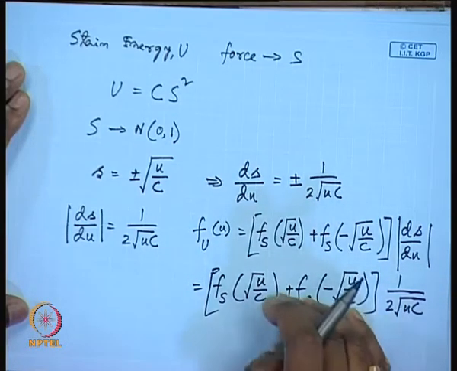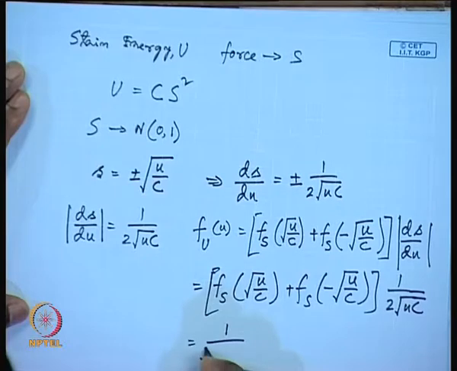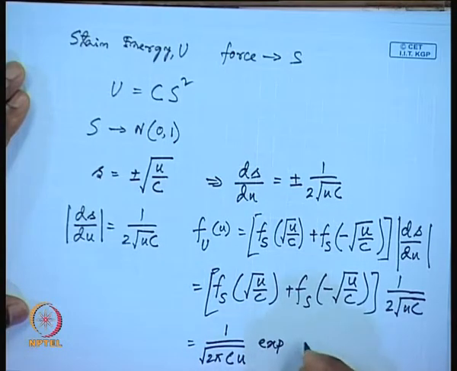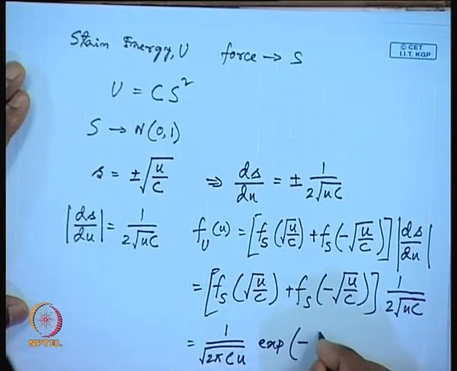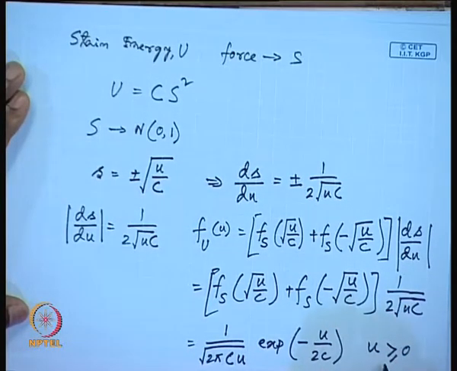After doing those steps in between, the final result comes out as 1 by square root of 2 pi C u, exponential of minus u by 2 C, where u is greater than or equal to 0, which is the support of this new distribution.